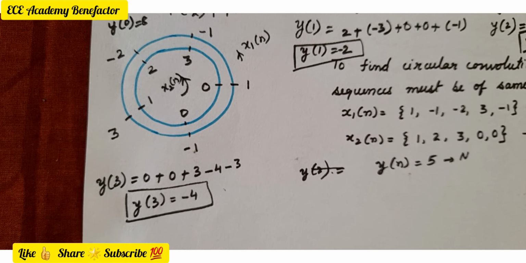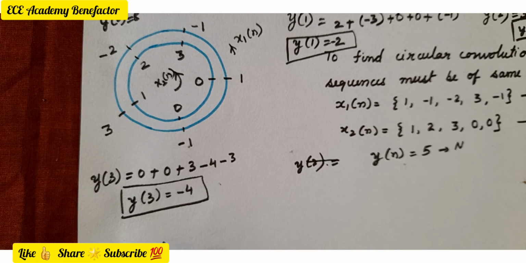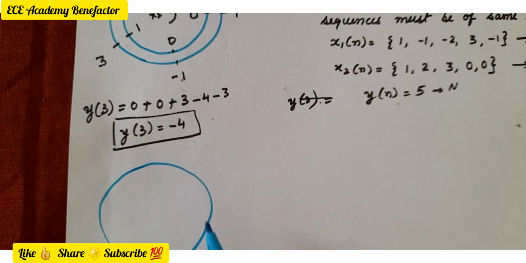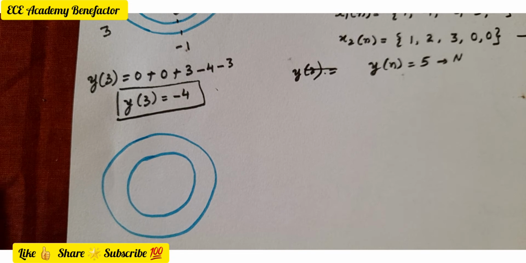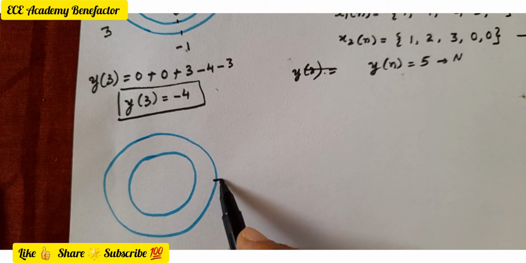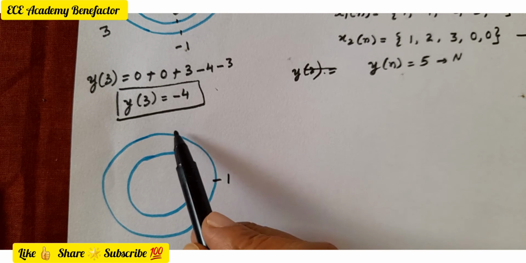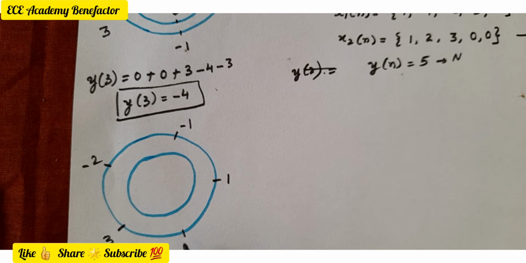Now we have to find y of 4. We can obtain y of 4 by plotting two concentric circles. Plot x1 of n in the anti-clockwise direction. x1 of n is never changing, it is static: 1, minus 1, minus 2, 3 and minus 1.